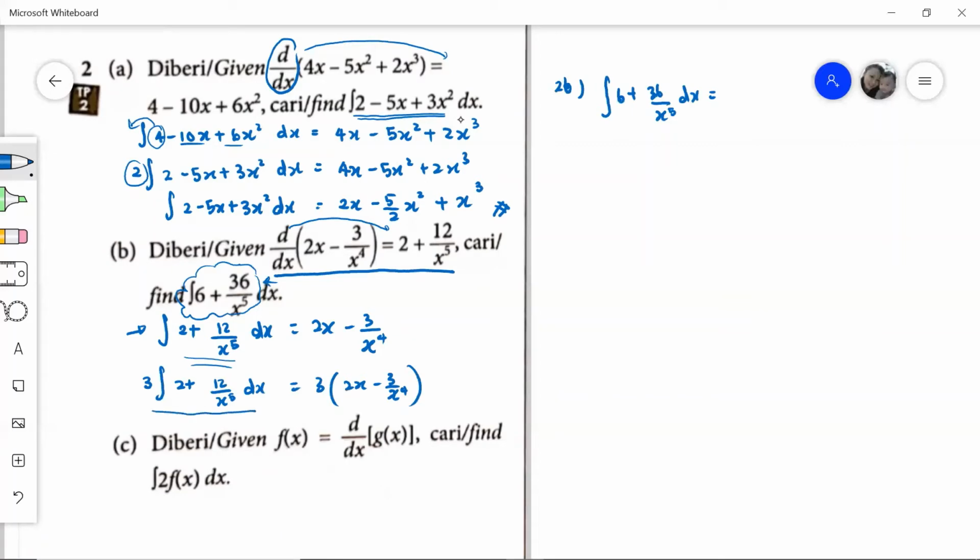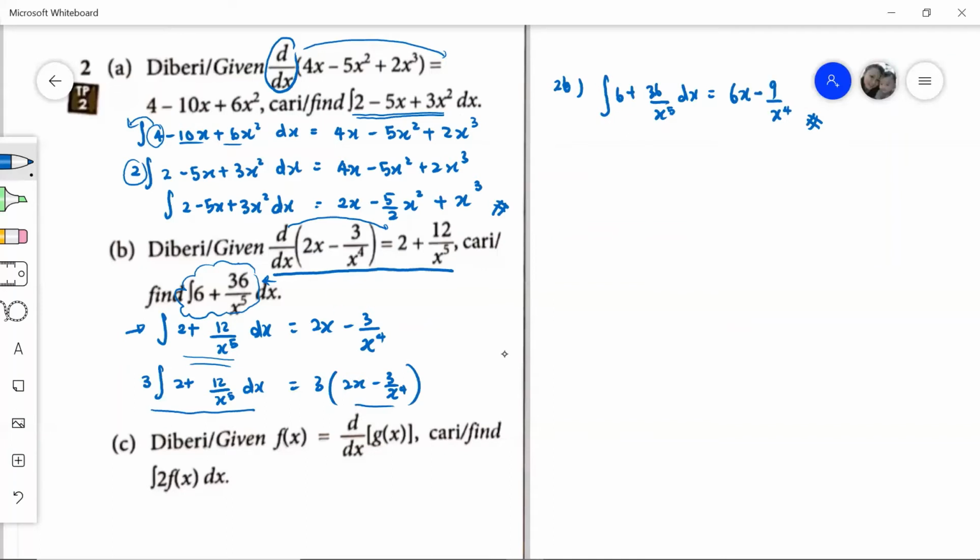We get the same as the question given. And therefore, the answer will be to multiply the 3 into the expression. So we have 6x minus 9 over x to the power of 4. That's it. This is the answer for 2b.